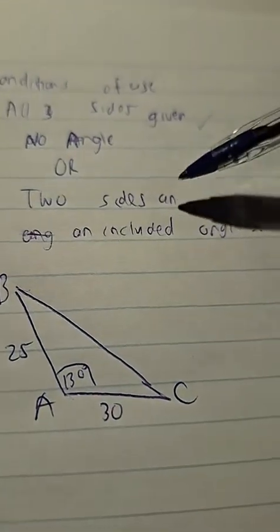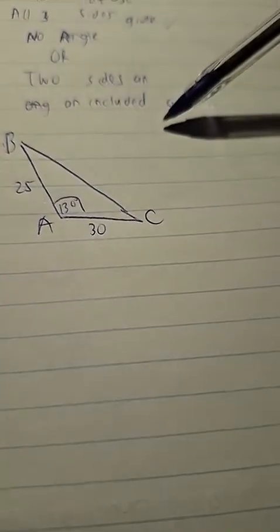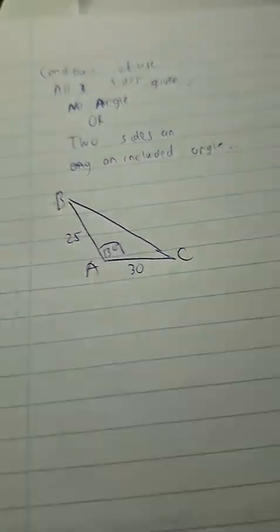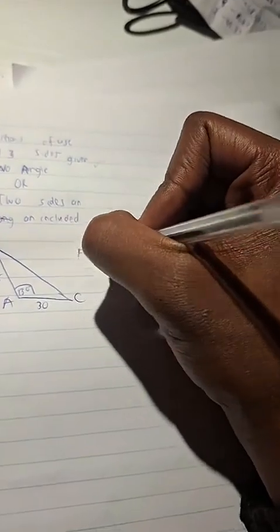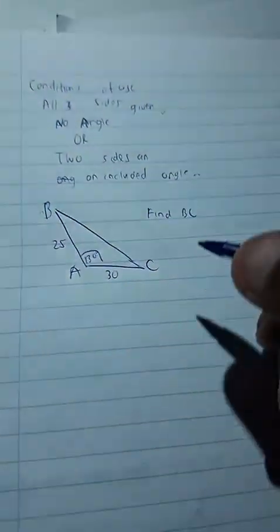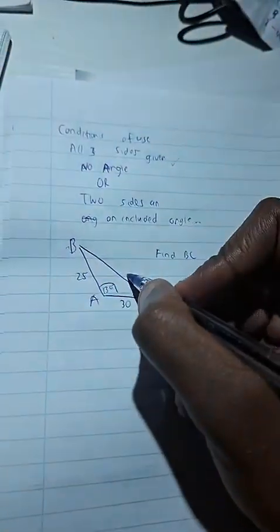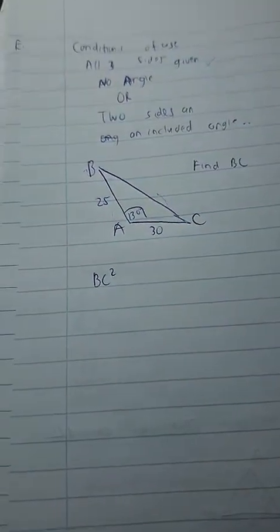Two sides and included angle. That will help me find the side that is opposite that included angle, which is BC. So if they say find BC, it would be quite straightforward. If we go back to the rule, remember that the side we are looking for is the subject squared, which is then equal to what?